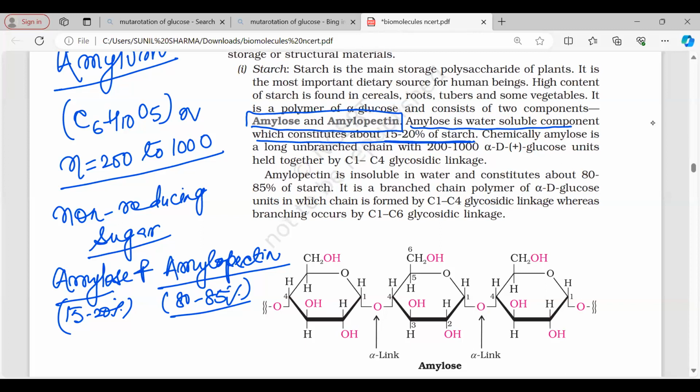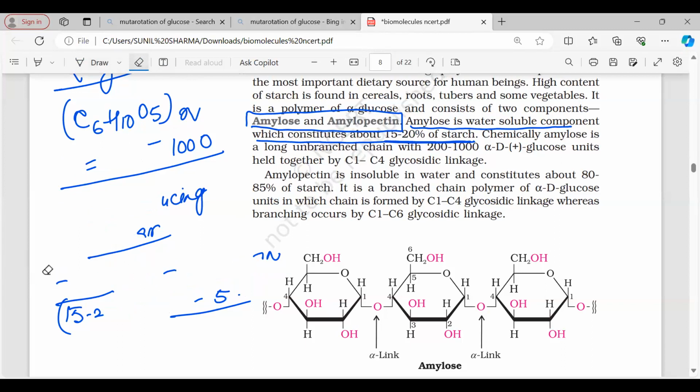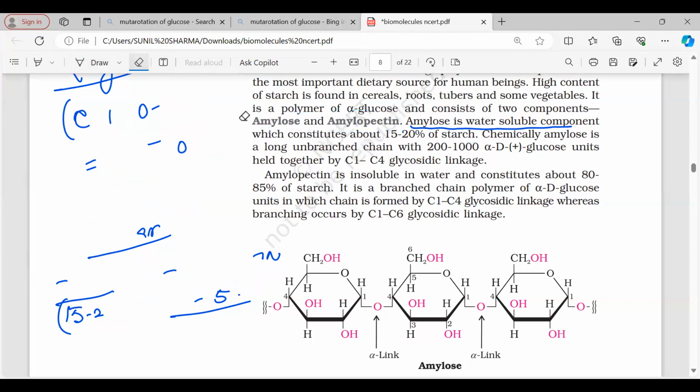And amylopectin does not give a blue color with iodine solution. Got it? Yes, sir.